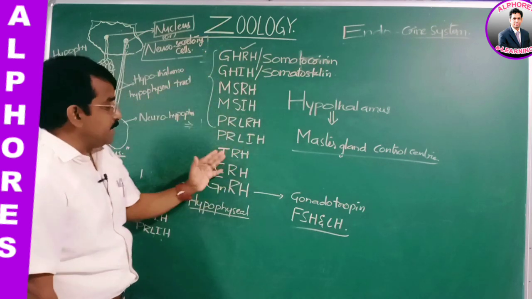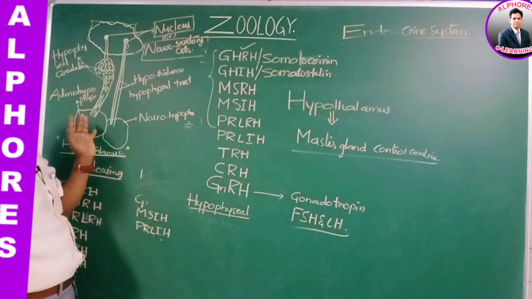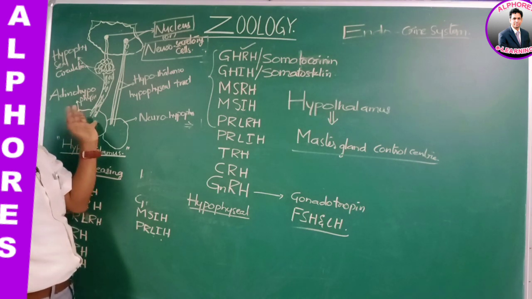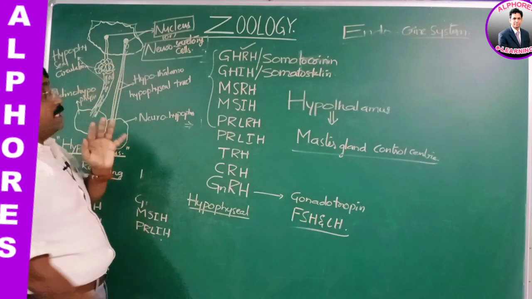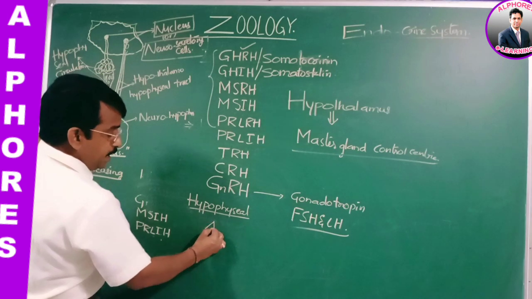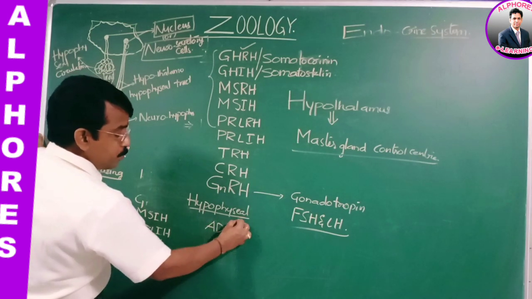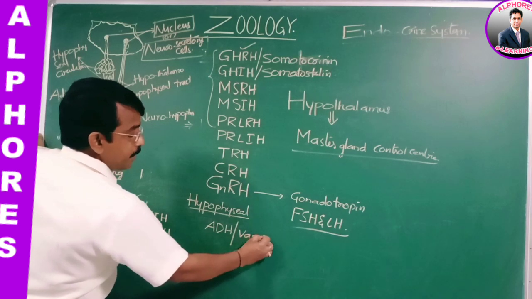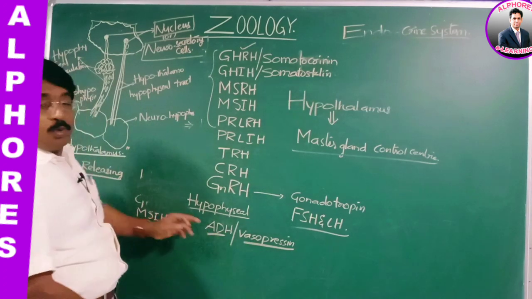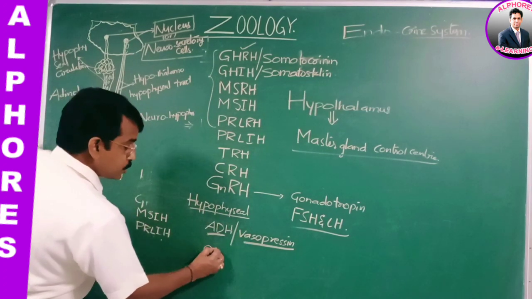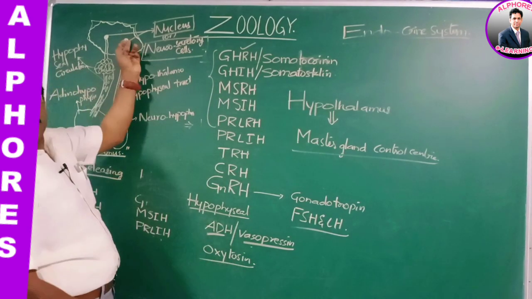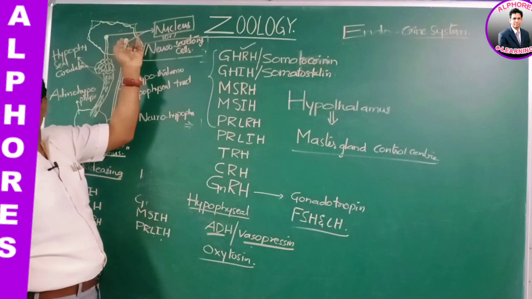So far, this is through the hypophyseal circulation reaching the adenohypophysis and influencing its hormones. Whereas in the other way, the nuclei release two hormones named ADH, antidiuretic hormone or vasopressin, as well as oxytocin, the two hormones synthesized by neurosecretory cells.